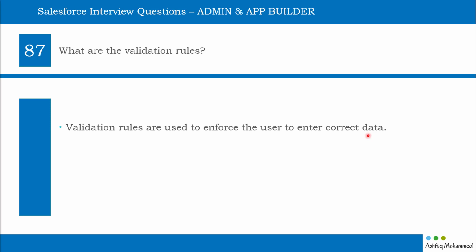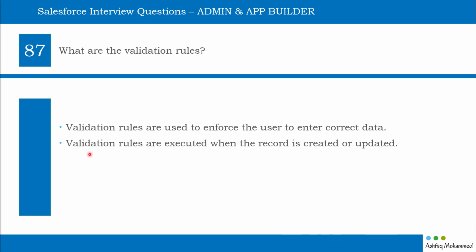So then what we'll do, I'll write a validation rule to check whether my user is entering something@something.com. Even though we already have a ready-made formula called email, I'm just giving you this as an example. So we can enforce such types of validations, to have good data in our orgs.